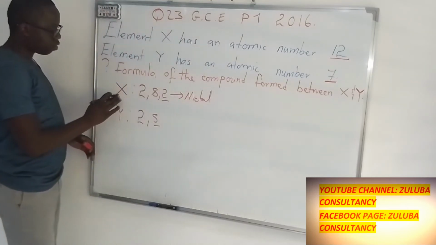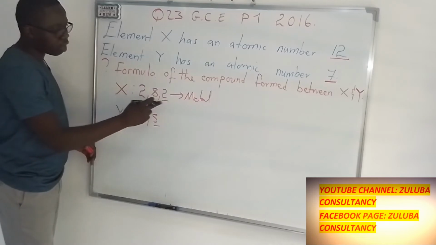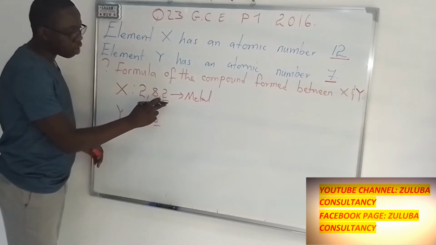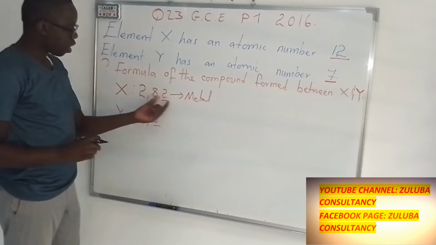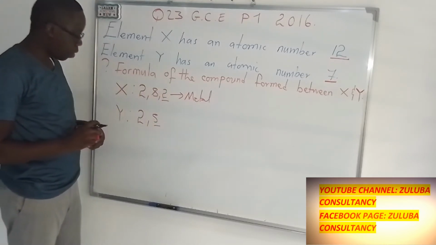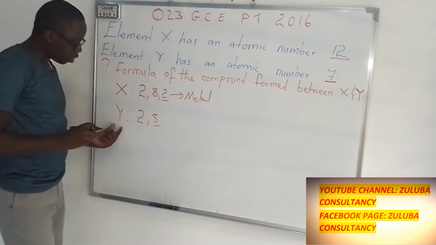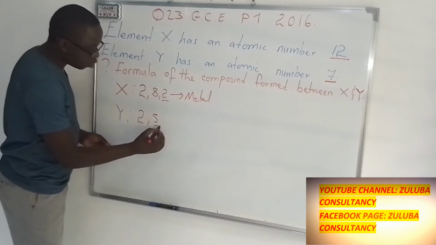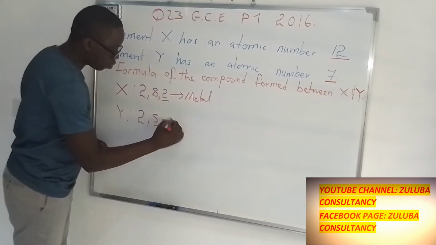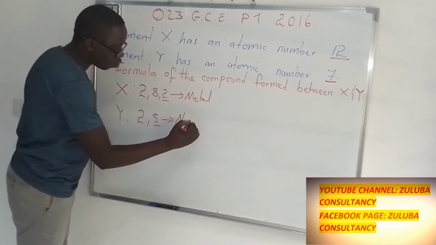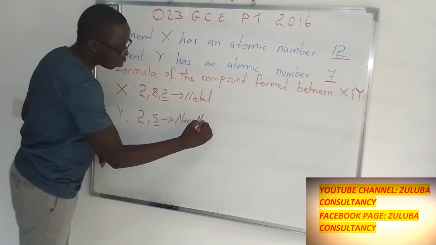So in this case, X, the outermost shell has 2 electrons, so it suggests that element X is a metal. When you look at element Y, the outermost shell has electrons more than 4, so this simply means element Y is a non-metal.